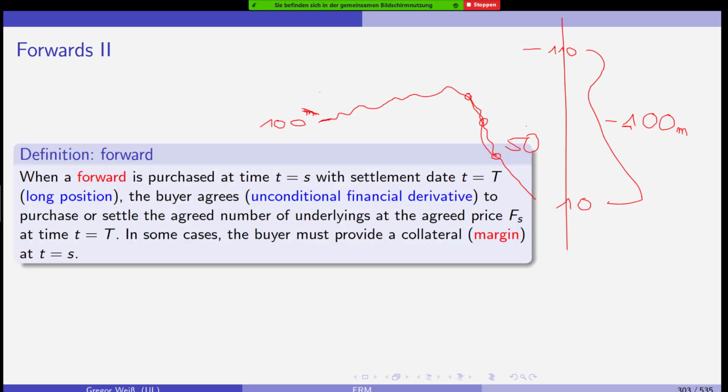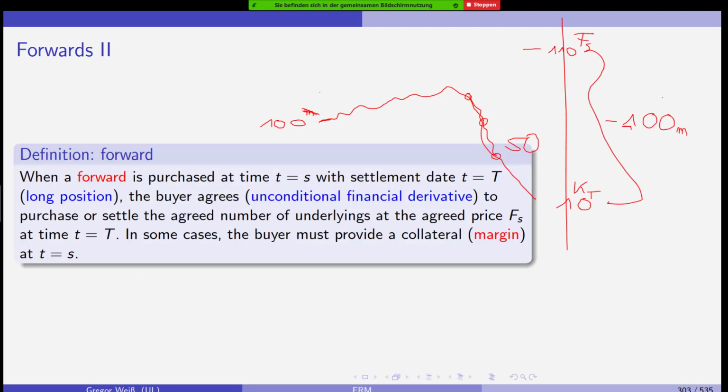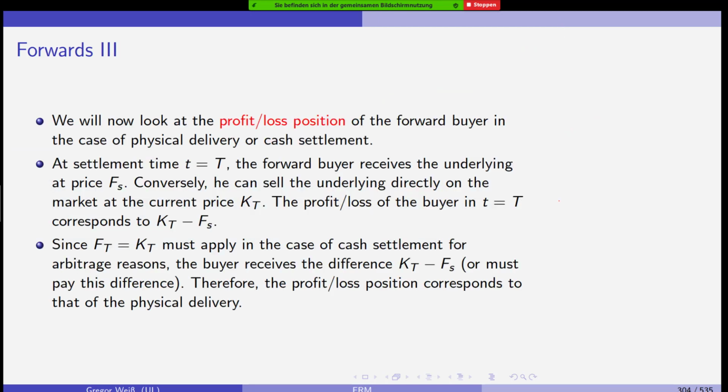So, as we've seen here, the profit or loss is the difference between FS, this was our forward price, and this is the final spot price, K, capital T. So the difference between FS and KT, or the other way around, that's actually your profit or your loss. Actually, you can see, this is for the seller.